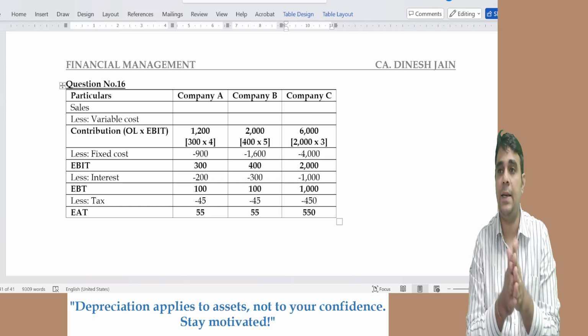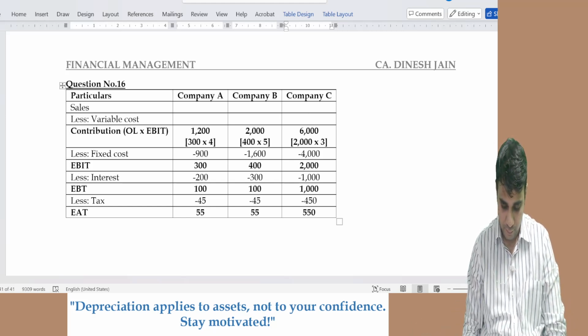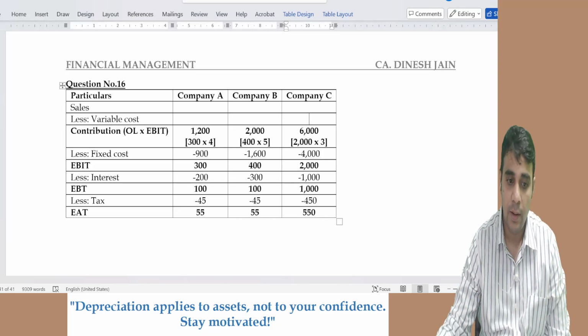Operating leverage multiplied with EBIT. Clear?